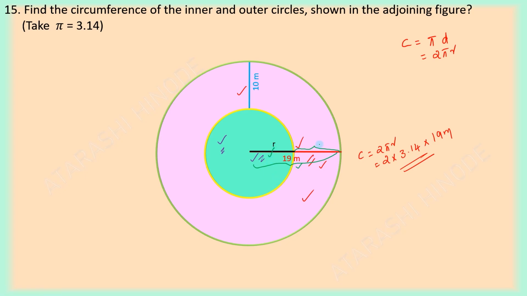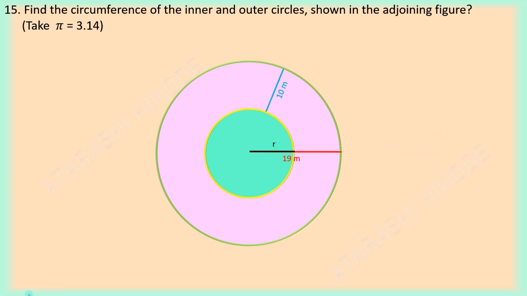Now, what about this length? It is nothing but 10 meters. So, here the radius of the inner circle will be 19 meters minus 10 meters, that is equal to 9 meters. Therefore, circumference will be 2 pi r, that is equal to 2 into pi is 3.14 into r is 9 meters. Simplifying this, we will get the circumference of this inner circle.